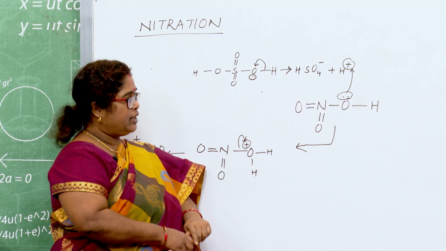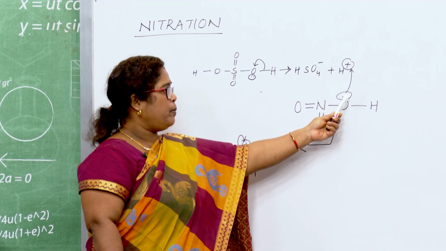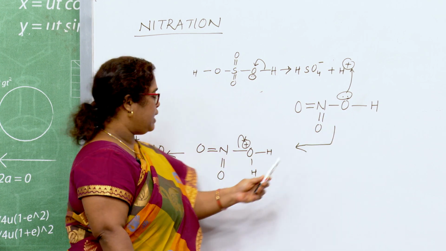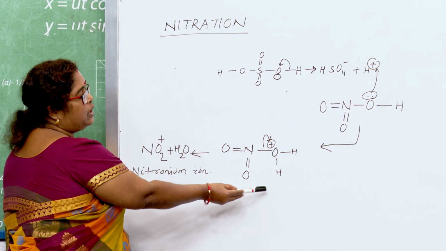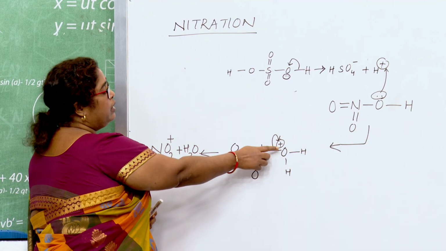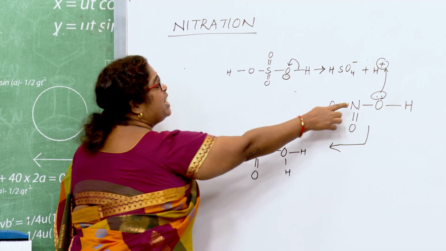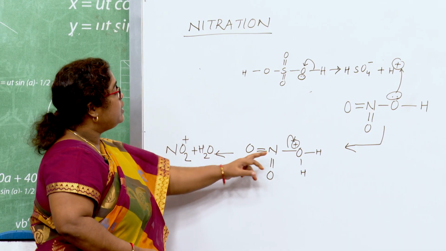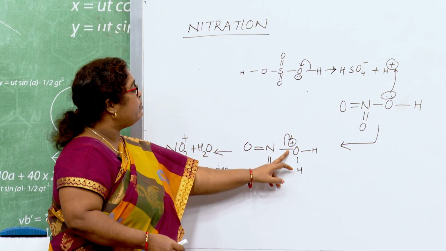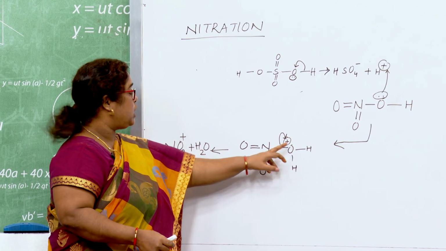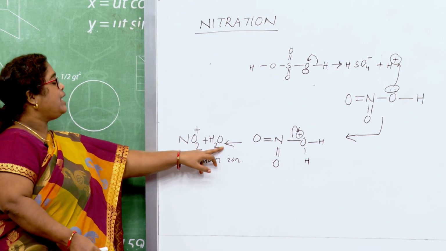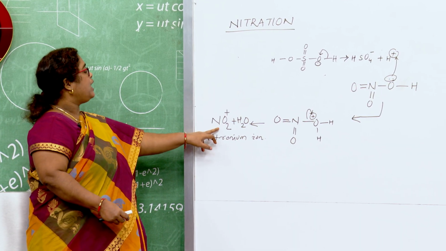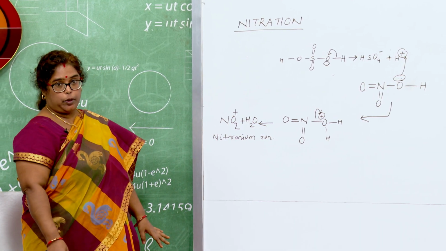In this case, the lone pair of oxygen takes the H plus ion along with it, and this is the product obtained, with O plus, as the oxygen shares its electrons to take the proton. Now this bond pair of electrons goes to the oxygen atom and it is released as H2O, and the product is NO2 plus, the nitronium ion.